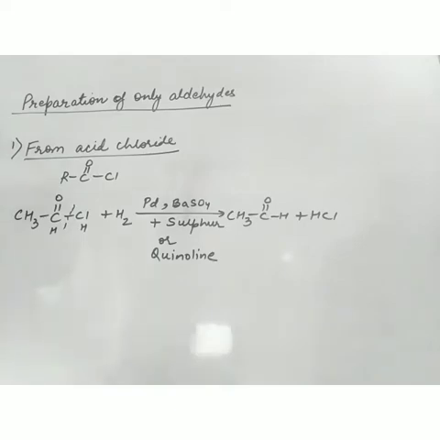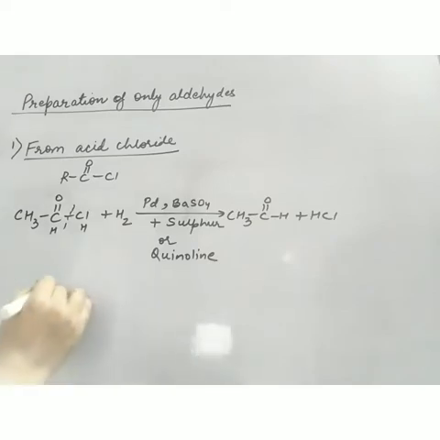Now what is the function of this sulfur or quinoline, or what is the requirement of poisoning the catalyst? What happens if we don't poison this? Then this aldehyde will be further reduced to alcohol. That's why it is poisoned with sulfur or quinoline, and the reaction stops at the aldehyde stage.